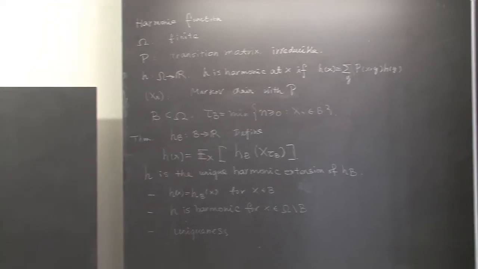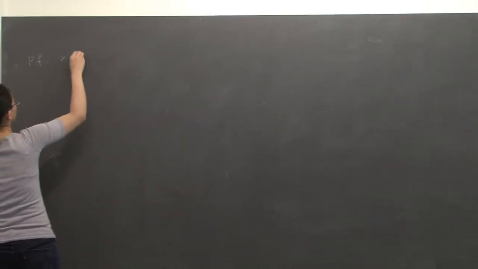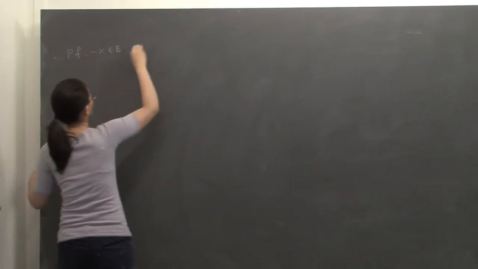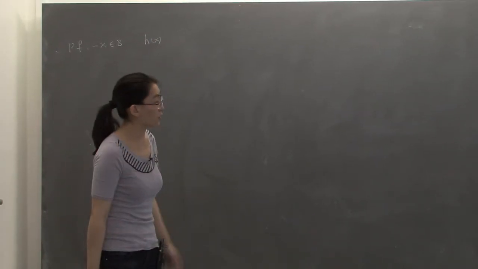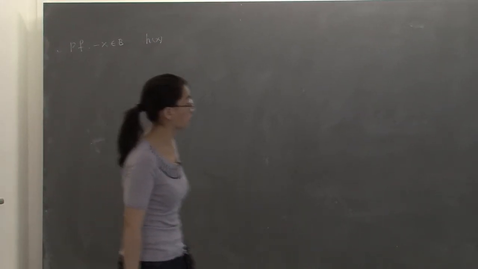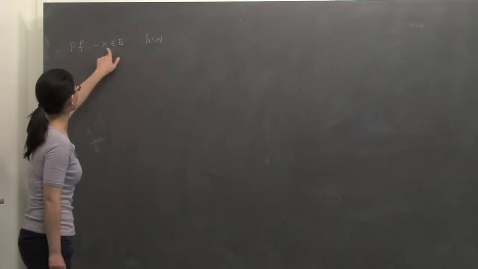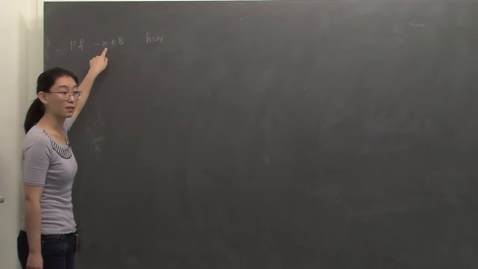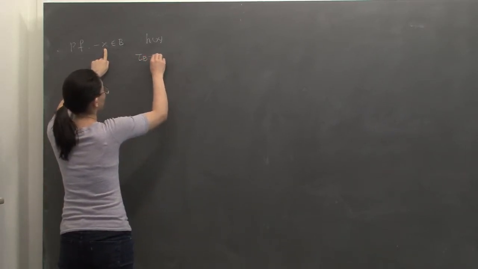Okay, so first, why is h an extension of HB? For x in B, what's the value of hx? By definition, hx is the expectation of HB when the Markov chain hits B. And if x is in B, this means our Markov chain starting from x is already at a vertex in B, so tau B equals 0.